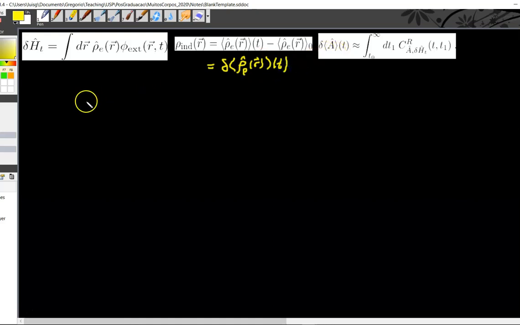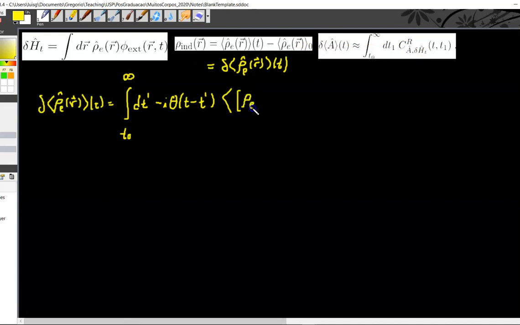And from linear response, we know that this should be the integral from t0, say, dt prime, let's call this dt prime, of the following correlation function: minus i retarded, theta of t minus t prime, of the expected value of the commutator between this rho_e and delta H, a function of time. This is at time t.